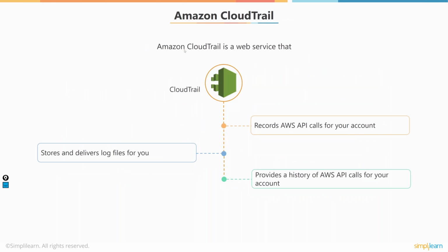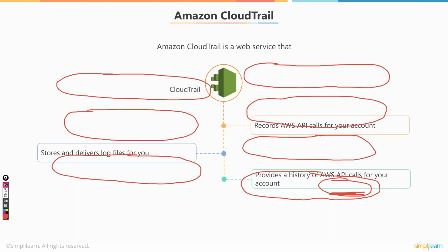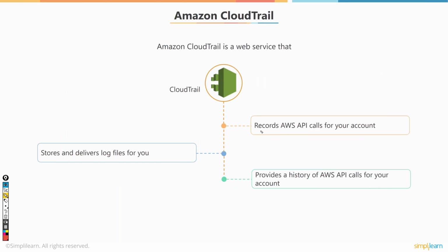Now, CloudTrail. What CloudTrail is, it's recording all the API calls for the entire account. It stores and delivers log files to you. In this case, it's S3, which means every single action is being logged, written to S3 directly. It also provides a history of API calls of your account.